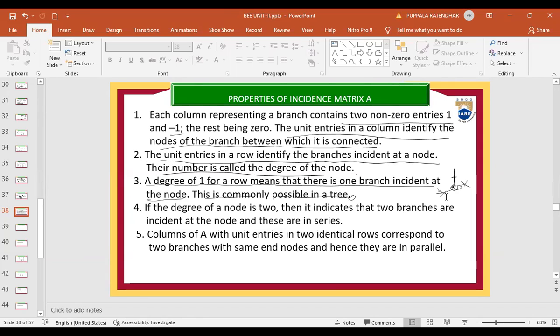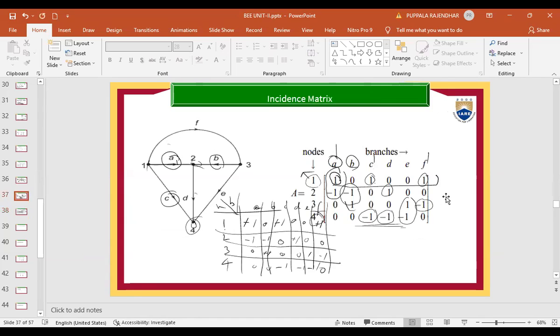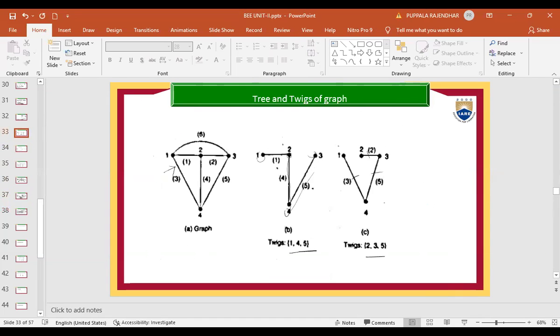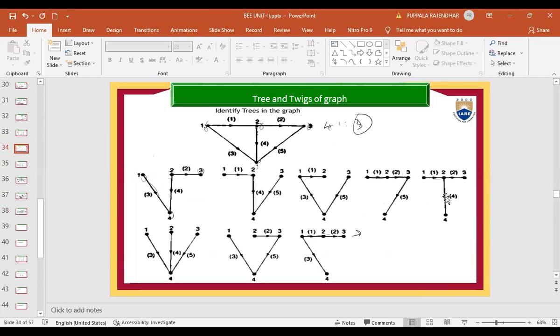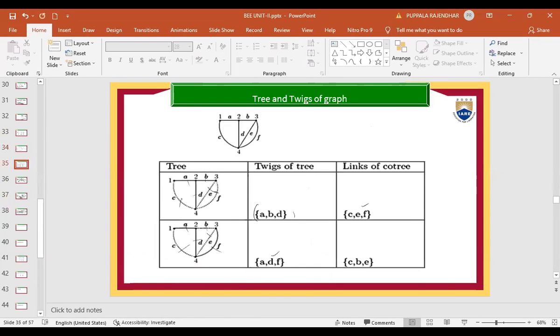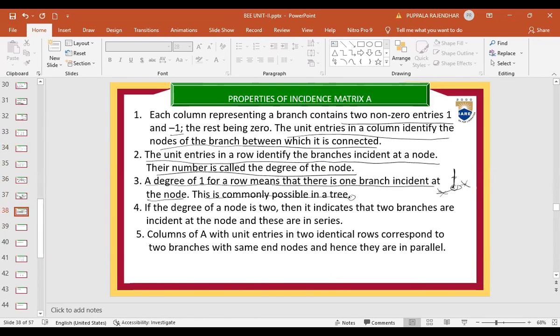సో ఇది ఎక్కడ పాసిబుల్ అవుతుంది? ఇప్పుడు ఈ గ్రాఫ్ ఉంది మనకి, ఈ గ్రాఫ్ లో పాసిబుల్ అవుతుందా? ప్రతి నోడ్ దగ్గర మినిమం 2 or 3 are connected. So if we take that trees, tree ఉంది ఇక్కడ, at this node only one element is connected, right? And at this node only one element is connected. So the degree 1 is possible only in case of trees, right?